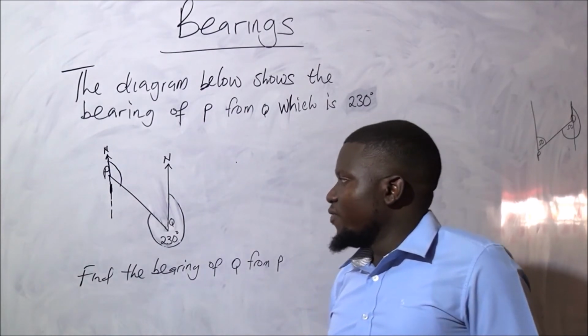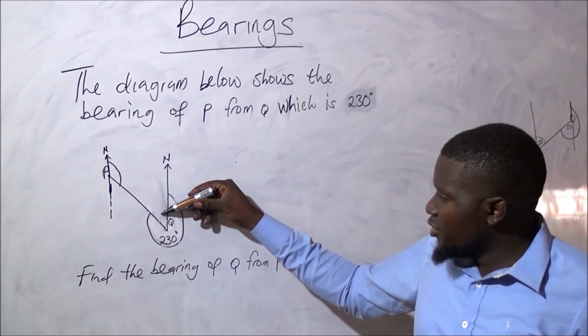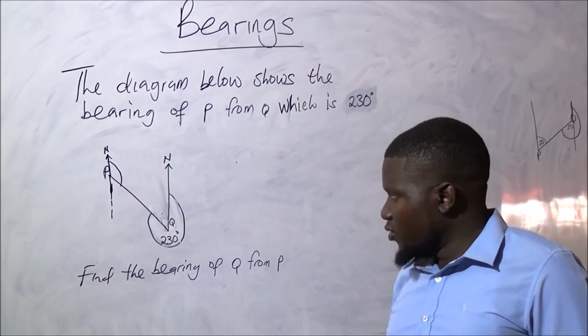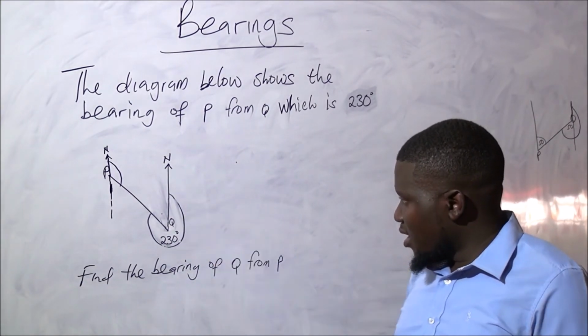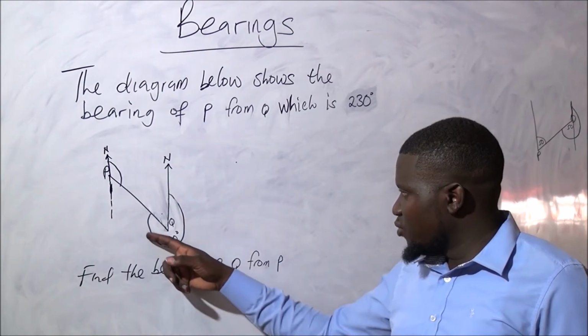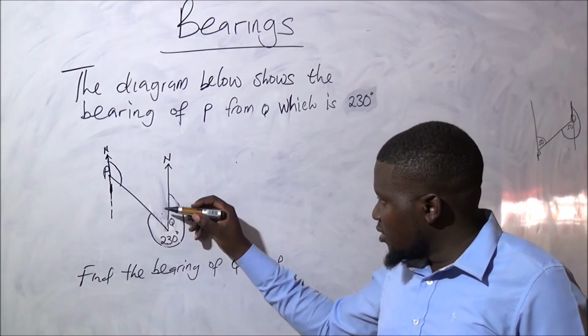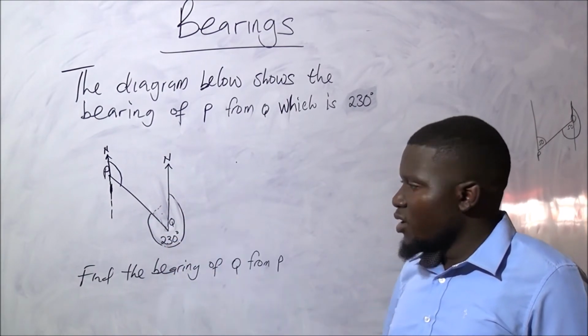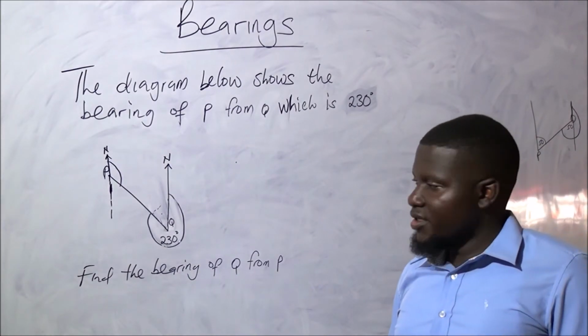So now, how do I find the angle without knowing the angle which is at this point here? So now that this is the angle from here up to there, it is 230. Then once you complete it at this point here, we're going to find 360 degrees.